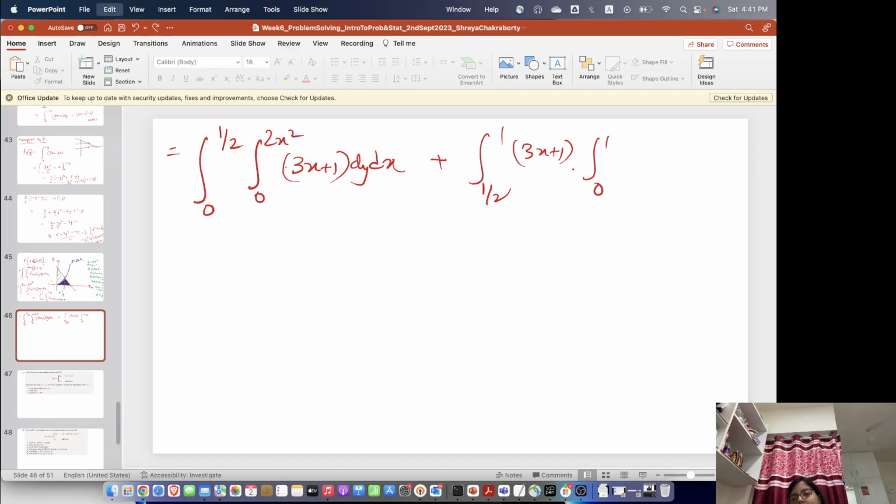I'll keep parity, I'll write it in this manner. So this will be 0 to 1 minus x, 3x plus 1 dy then dx.